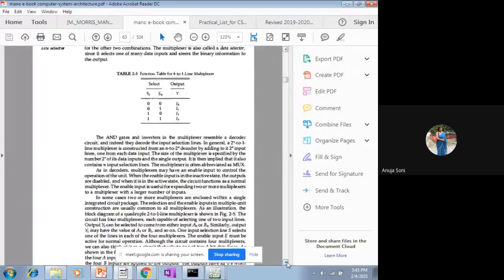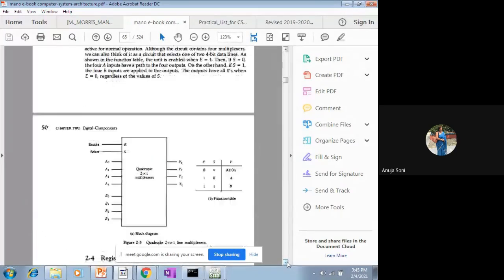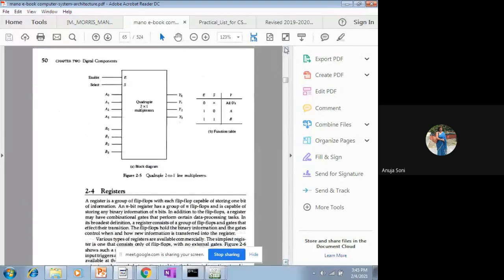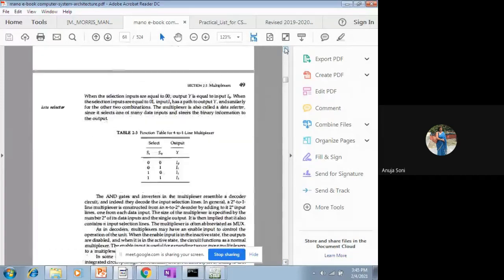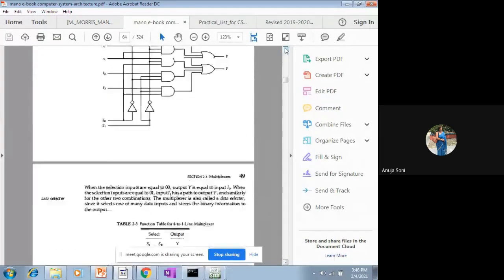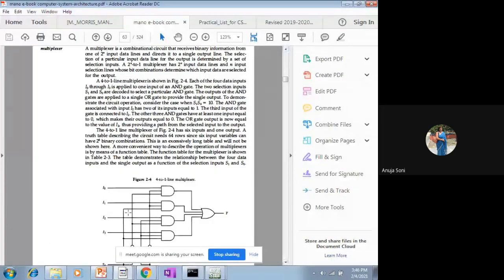Or another size may be given. 4:1 size multiplexer means only 4 input lines are there, and 1 output line is coming out of this. And an 8:1 size multiplexer can also be there, so you may be asked to draw the diagram of an 8:1 size multiplexer.